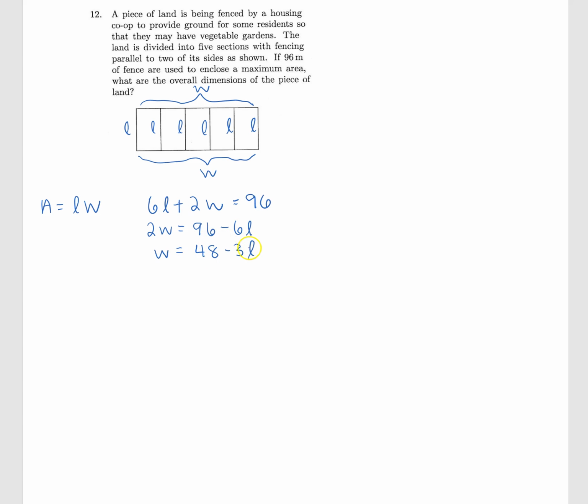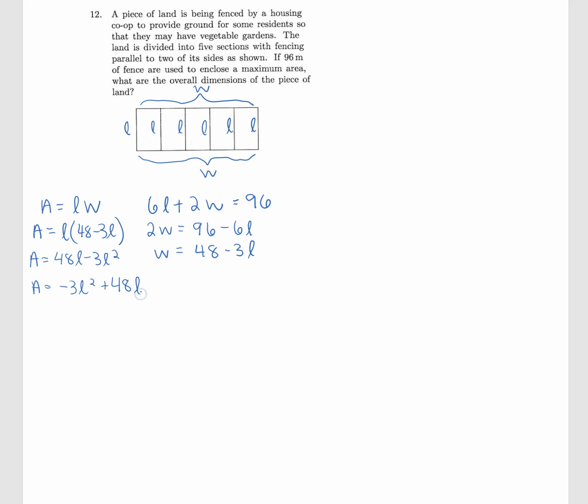So I'm going to plug in this expression for W in here, and this gives me area is equal to L times 48 minus 3L. And I'm going to multiply that L into the brackets, and that gives me 48L minus 3L squared. And I'm just going to rearrange this a little bit to put my L squared term at the front.